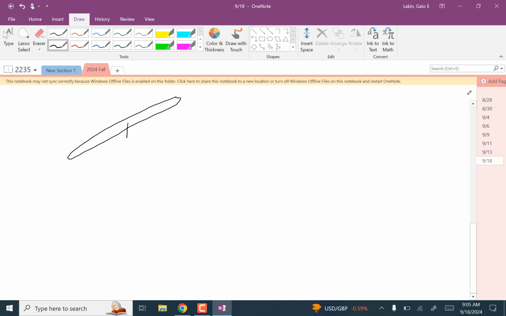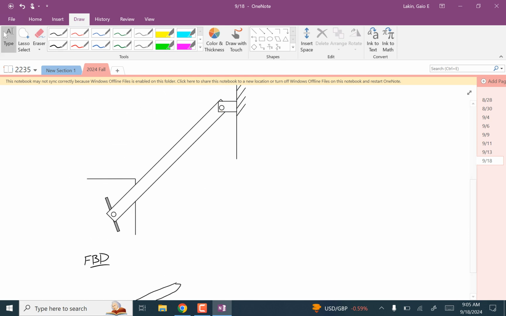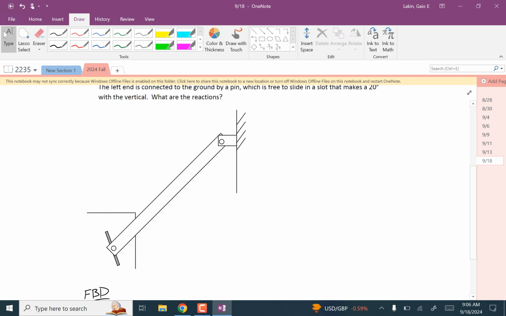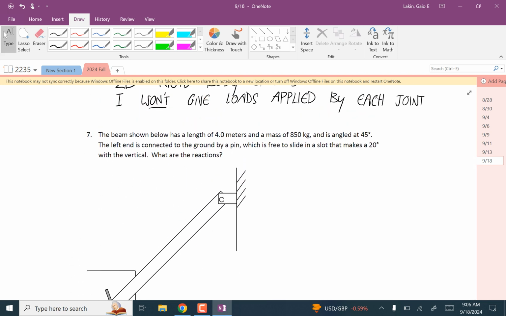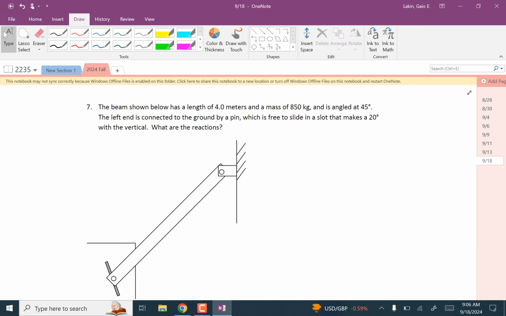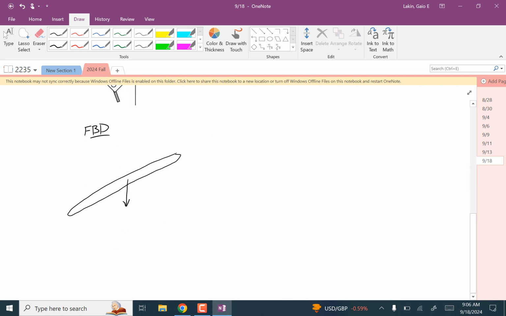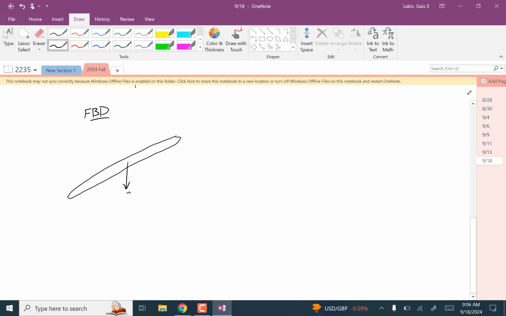There's a weight force at the center. The mass is 850 kilograms. It's made out of that stuff from Black Panther. Anyone have that weight in front of them? 8,338.5 newtons. Okay.